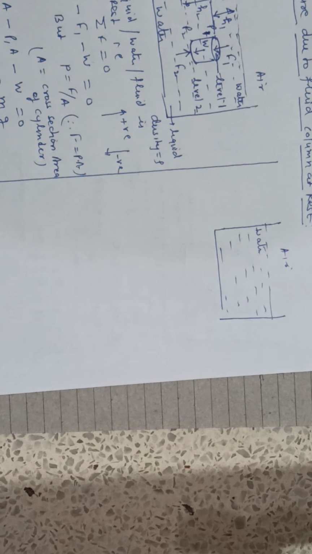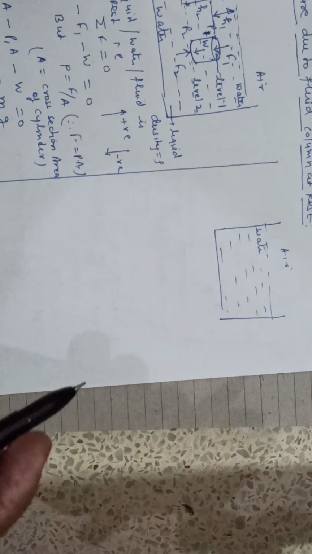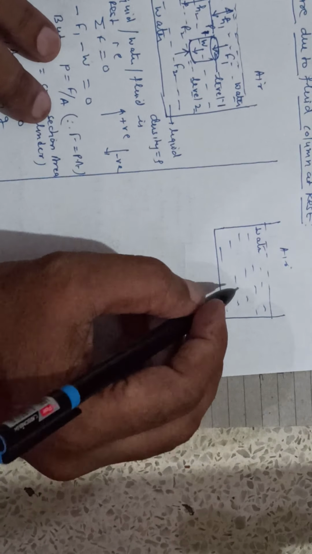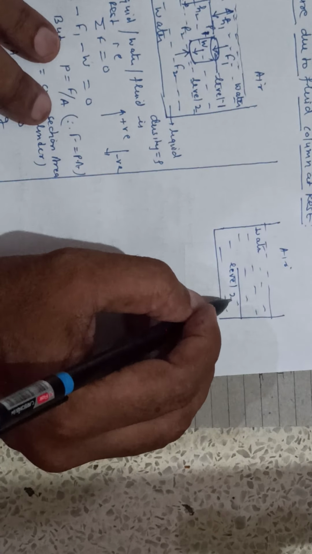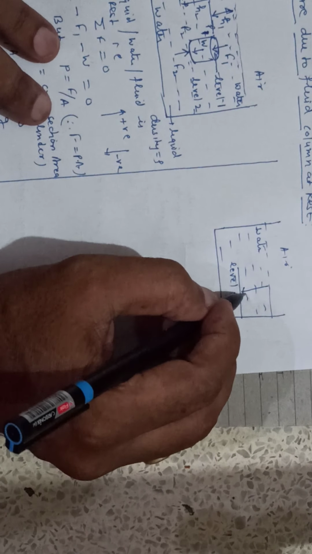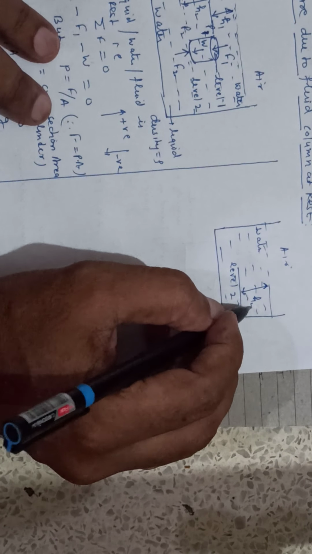So suppose we choose level 1 at the surface of the liquid, that is the air-water interface, and level 2 at depth h below the surface. So this is level 2, its height is h, its depth is h.